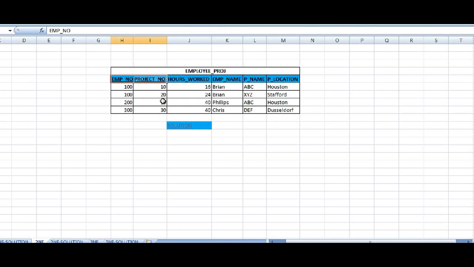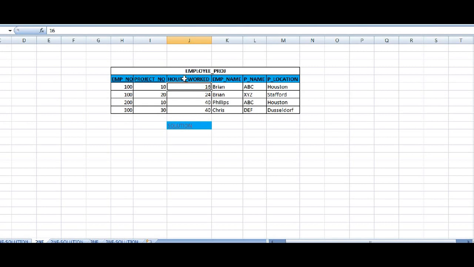If I know the employee number and the project he is working on, I can easily say that this employee has spent 16 hours in project number 10, or this employee has spent 24 hours in project number 20, right? So if I am given employee number and project number, I can easily identify the amount of hours that the employee has worked on a particular project. So this is fully dependent.